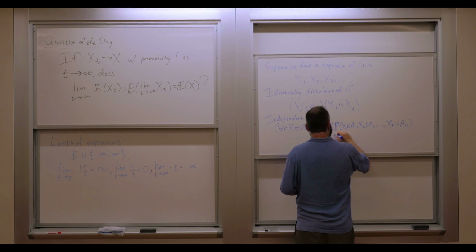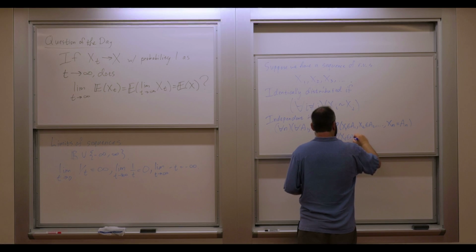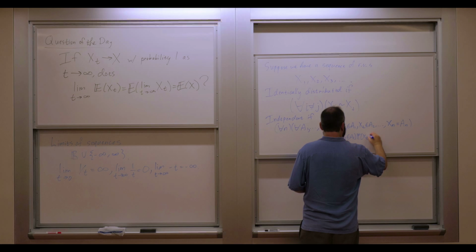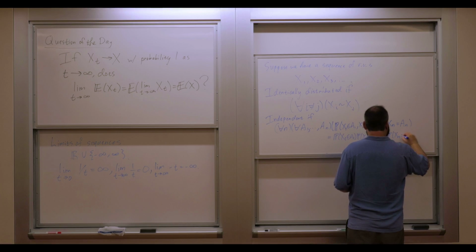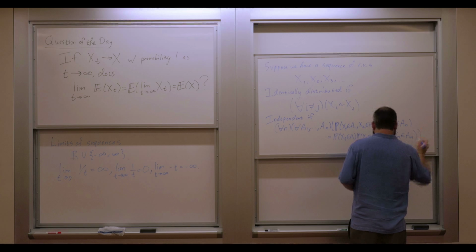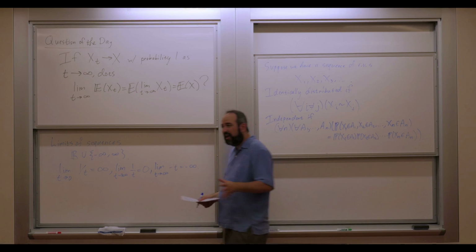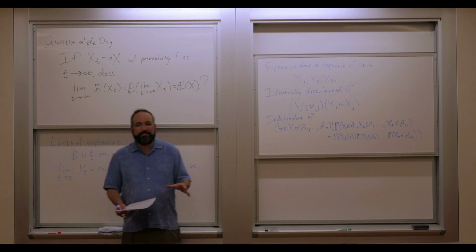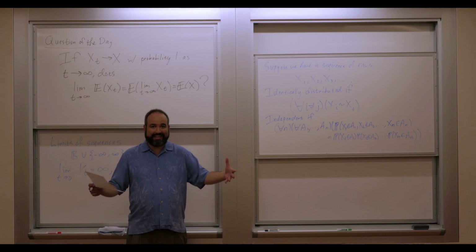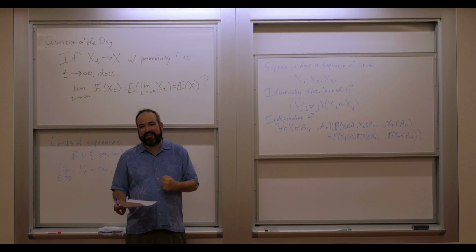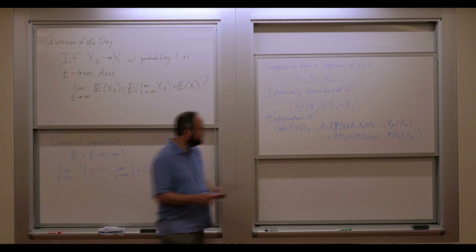So this is equal to the probability that x1 is in a1 times the probability that x2 is in a2, all the way up to the probability that xn is in a sub n. So it has to hold. We say that the elements of the sequence are independent of each other if for any finite n, the first n elements of the sequence are independent random variables.